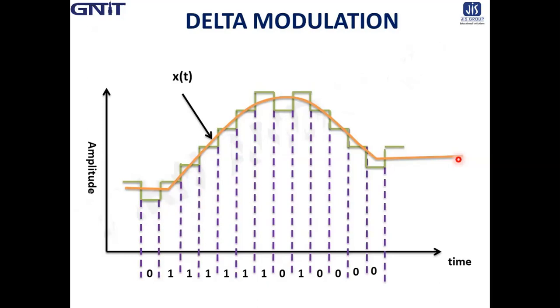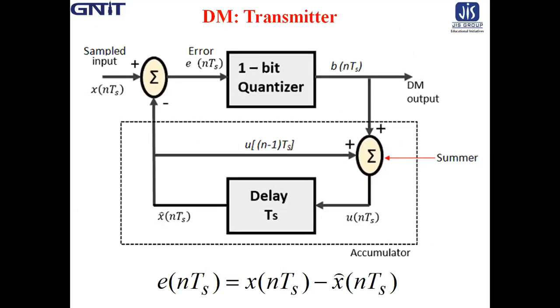It doesn't depend on V. Actually, this is the quantized signal, following x(t), and already we know how the quantization process occurs. So next is the delta modulation transmitter. Delta modulation always transmits 1 bit per sample.